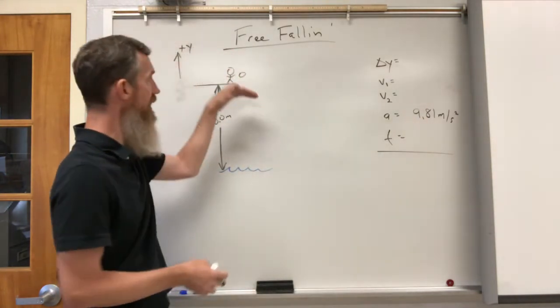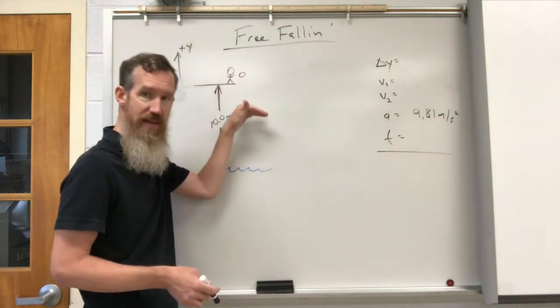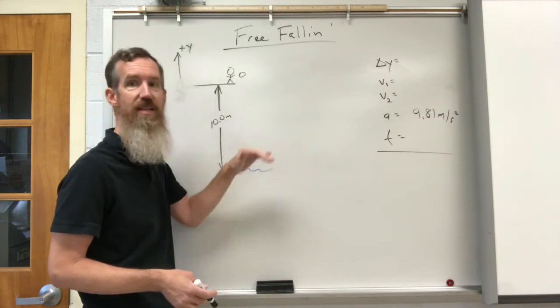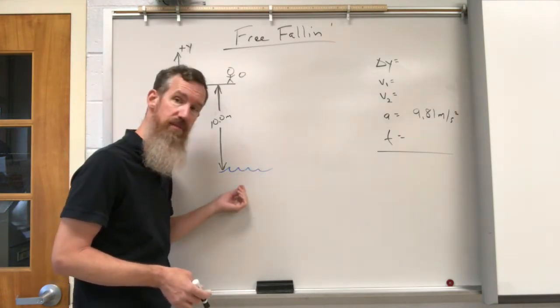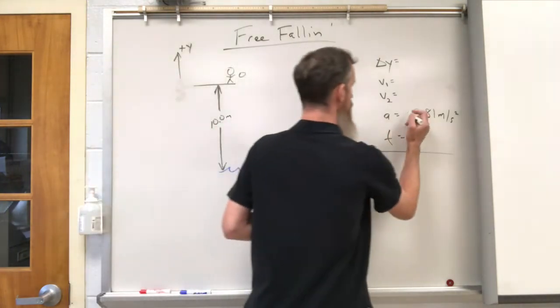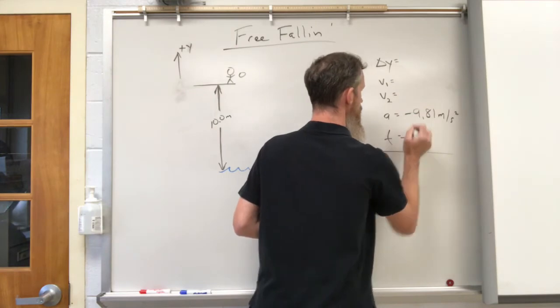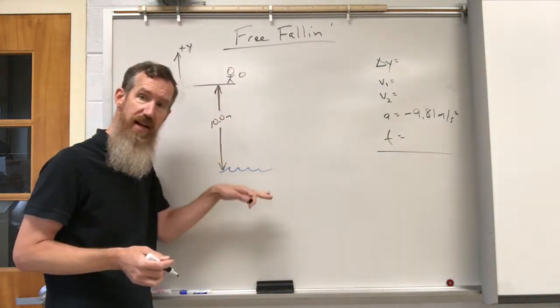That means in the first second it gains 10 meters a second, then 20 meters per second, then 30 meters per second. It's going to get faster and faster as it approaches the ground. So since we called positive upward, the acceleration is going to be negative because I'm speeding up downward.